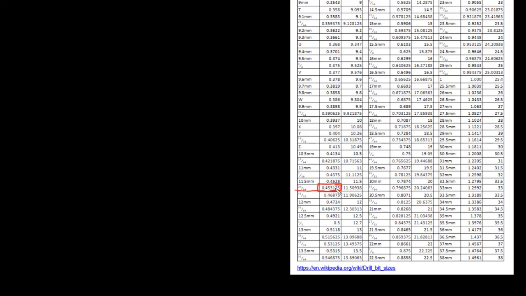But there's a lot of decimal places that I really just don't want to carry at this point, because the accuracy of these drills can't possibly be to the 6th decimal place. If you're going to use an accurate tool, a drill is not going to be the tool to do it.